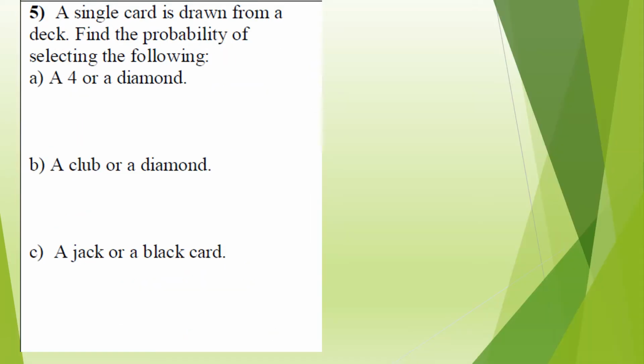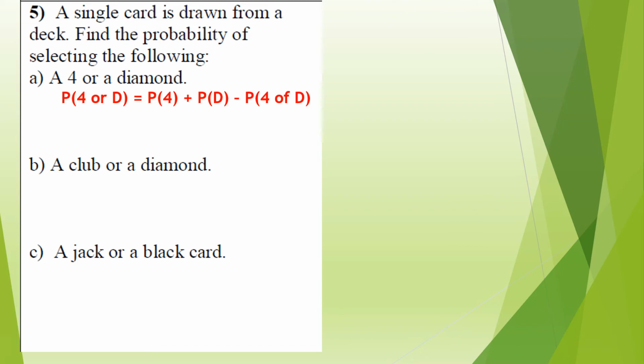A single card is drawn from a deck. Find the probability of selecting the following: a 4 or diamond. So this is an example of mutually inclusive events because you can find also a 4 in diamonds. So the probability that it is a 4 or diamond equals the probability that it is a 4 plus the probability that it is a diamond minus the probability of a 4 of diamonds.